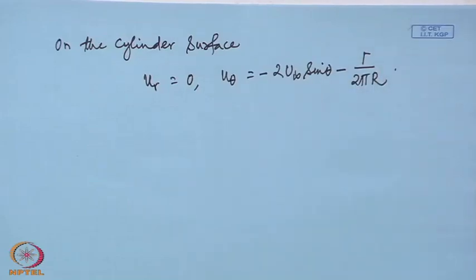At different values of gamma, the stagnation point will be located at different positions. And not only that, it may so happen that the stagnation point will no longer be on the surface of the cylinder. Anyway, we will continue that in the next class.